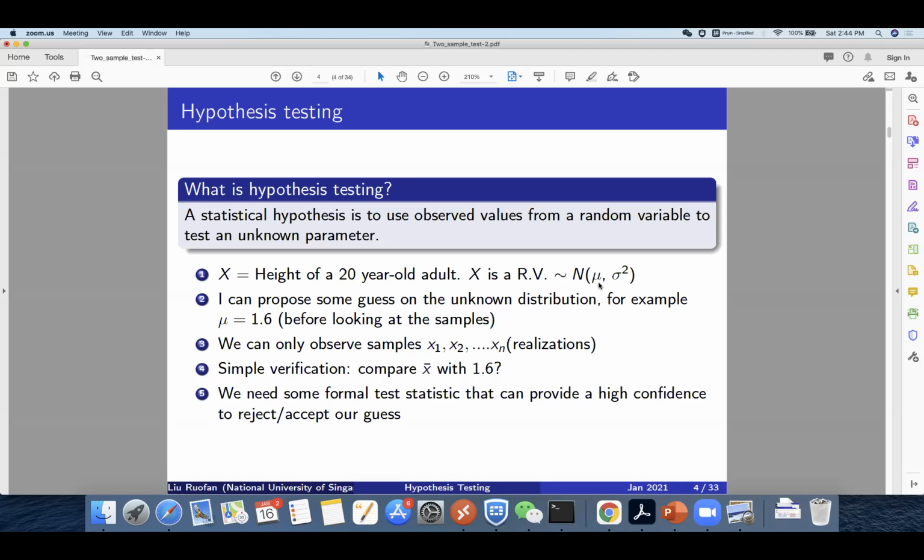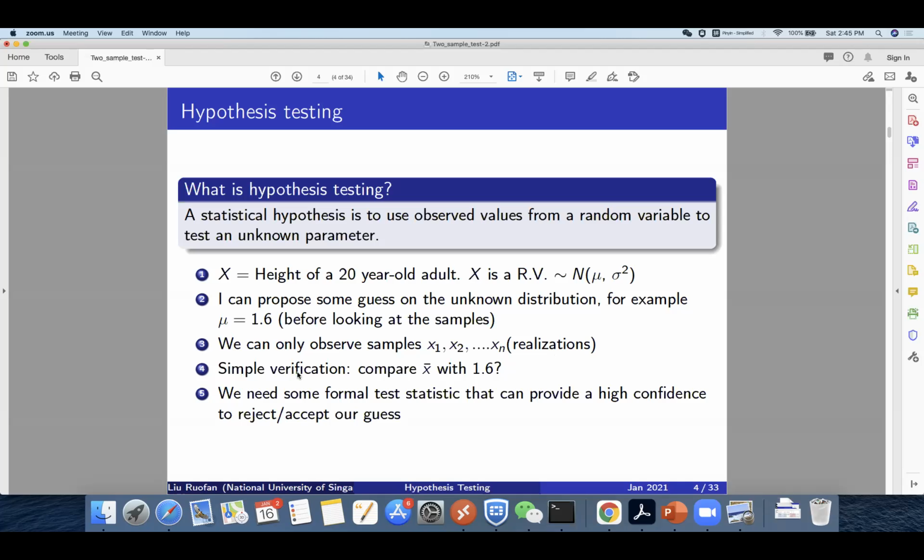So now we want to test a hypothesis about mu. For example, I can propose a guess: I guess that mu maybe is 1.6. Then I want to verify whether my guess is likely to be true or not based on some observations from the population. Suppose we have n observations x1 up to xn. These are just numbers, some realizations.